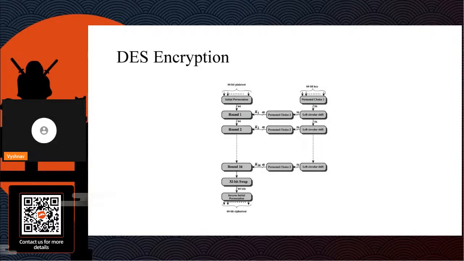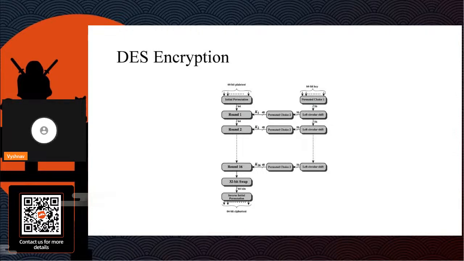DES encryption takes as input 64-bit data and a 64-bit key. We can see the left side shows the basic process of enciphering the 64-bit data block. It consists of an initial permutation which shuffles the 64-bit input block, then 16 rounds, then a 32-bit swap, and then the inverse initial permutation, which is the inverse of the initial permutation.